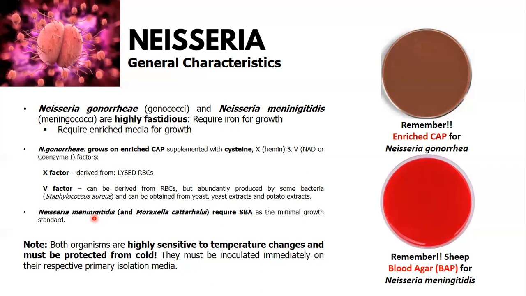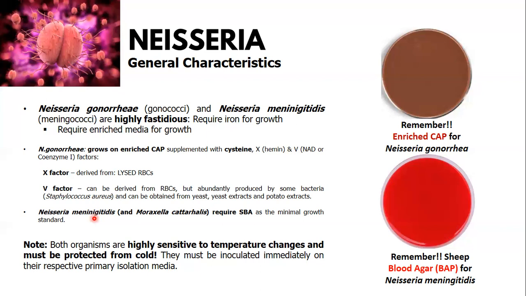Take note that enriched chocolate agar plates that are used for the primary isolation of Neisseria gonorrhoeae contain antibiotic inhibitors that inhibit commensal bacteria and contaminants from clinical specimens to promote the growth of Neisseria species.